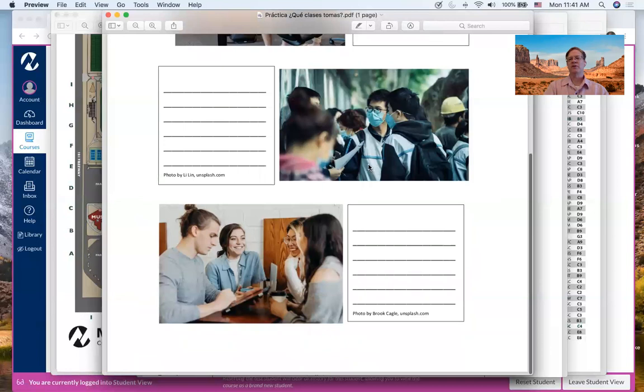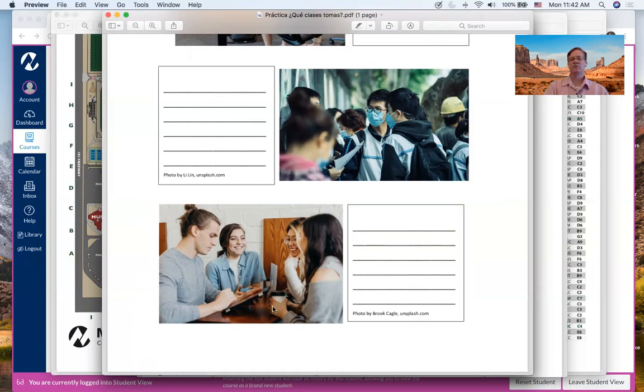Here as well, another picture, college students possibly talking about their classes the first day of class. You could be taking ingeniería or medicina or psicología. So again, you want to fill out some of the words. And finally, at a student cafeteria, these friends are talking about their classes the first day of class.